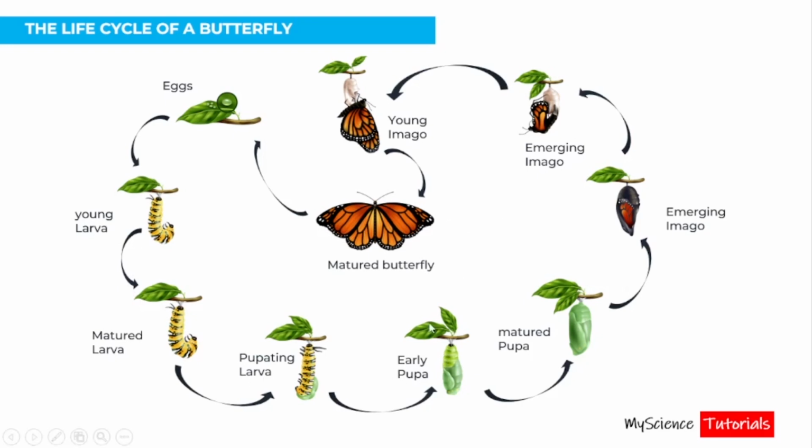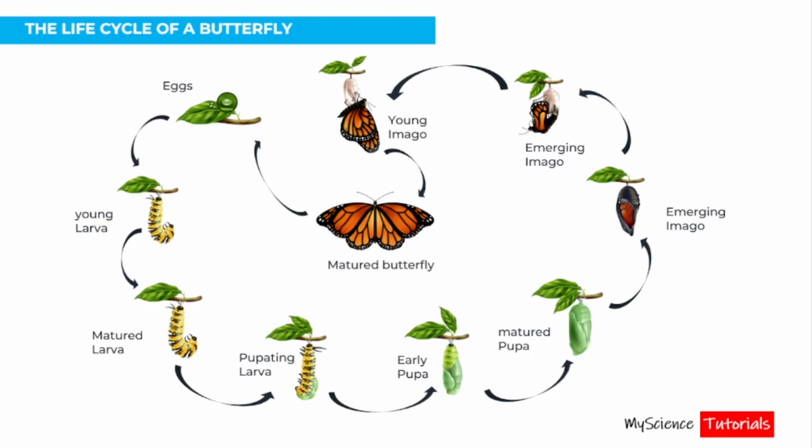Then from there it moves to the early stage of pupating, the mature stage of the pupating stage, and then when the pupation is done and the butterfly is about to come, we have the emerging imago or the emerging adult butterfly, which is well defined as we can see over here. We can see the butterfly coming out, and then we can see it fully out over here, just waiting for a couple of hours for the wings and everything to dry off before it starts flying as the matured butterfly.